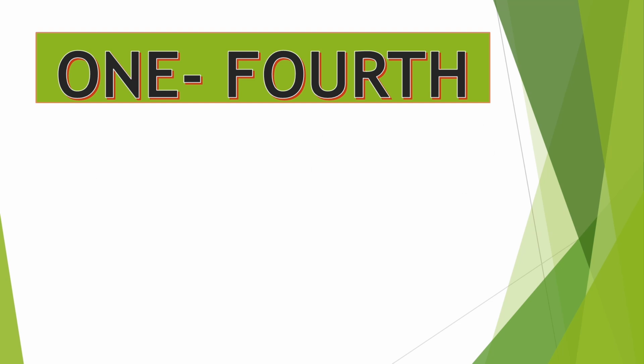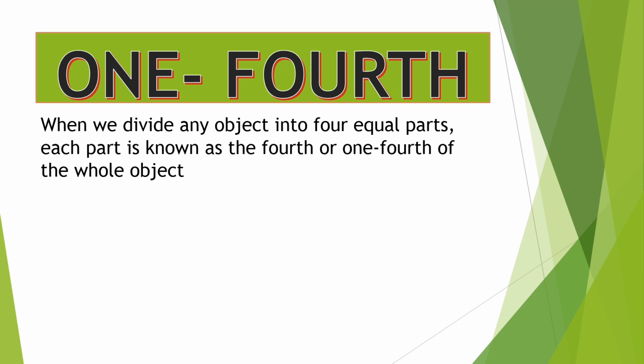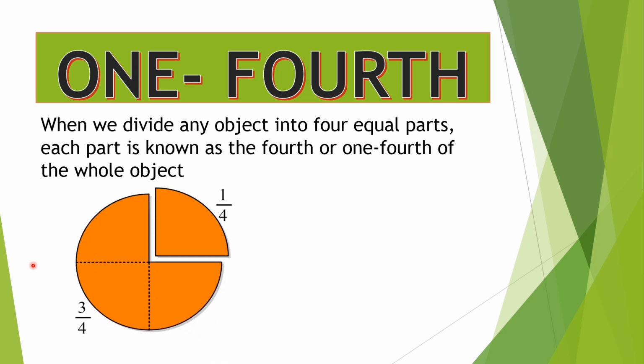Let's see 1/4 then. When we divide any object into 4 equal parts, each part is known as a fourth or 1/4 of the whole object. Example, you can see the figure here is divided into 4 equal parts, 1, 2, 3 and 4.